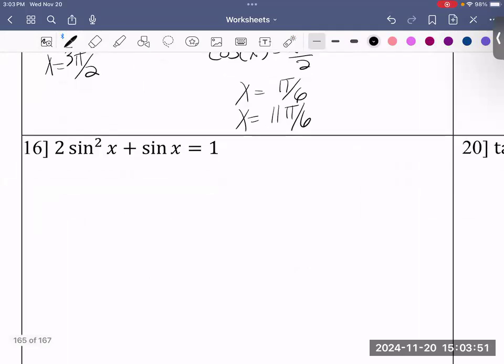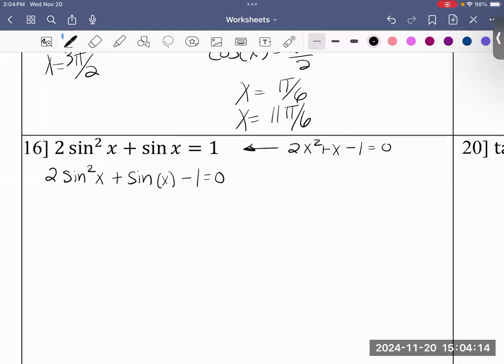Let's try it again one more time here. Let's go ahead and subtract the 1 to the other side. Oops, minus 1 is equal to 0. Now treat it as you would if we had 2x squared plus x minus 1 is equal to 0.